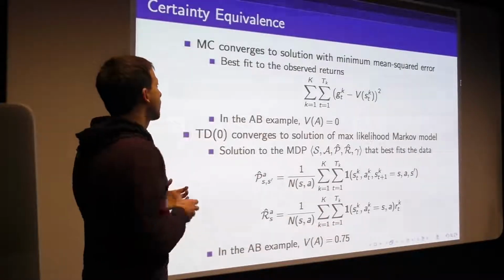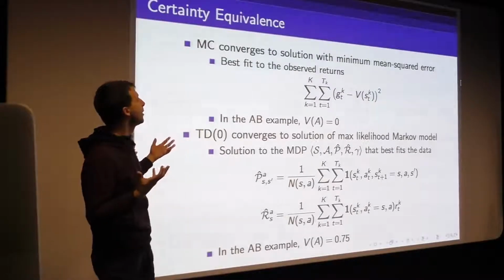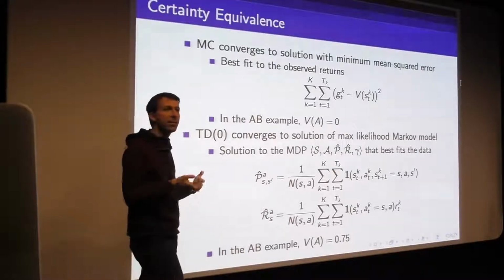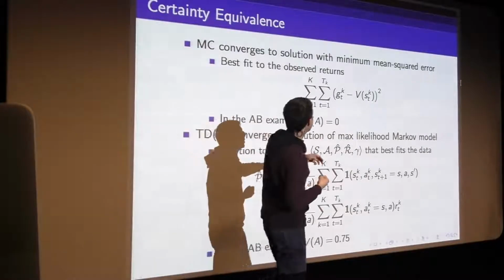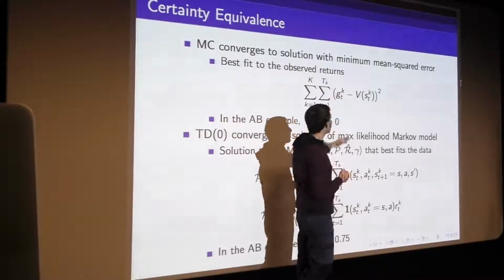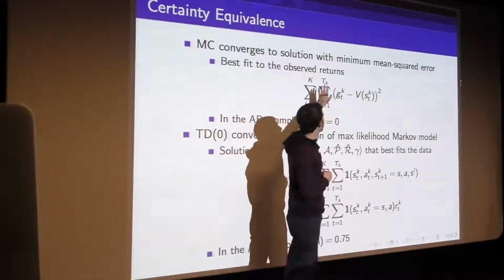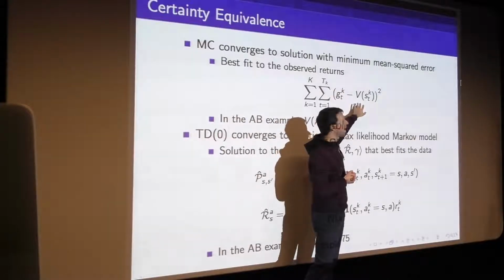So now we understand that, we can see what these converge to. Monte Carlo always converges to the solution that minimizes the mean squared error. So it finds the best fit to the actual returns that we've seen. So if we saw these particular returns, Monte Carlo just minimizes the mean squared error over all time steps, all episodes. It minimizes the difference between the return that we saw, capital G, and the value function.